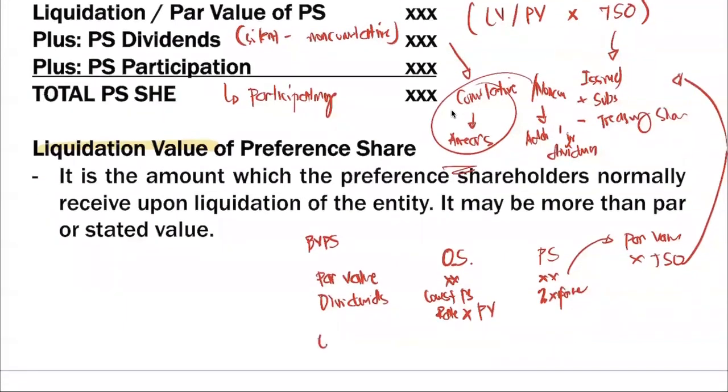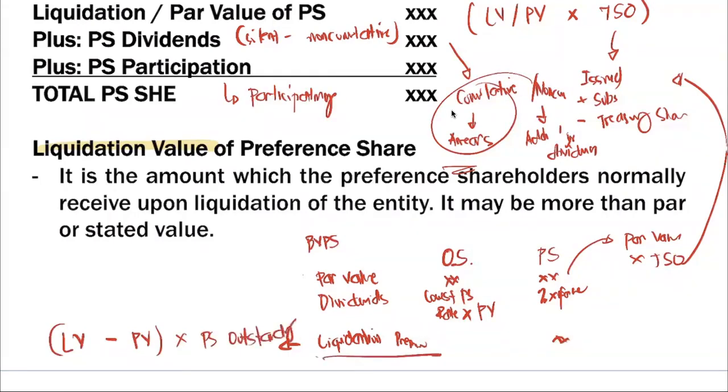And then we also have your liquidation premium. Sometimes it is known as your liquidation value. But in case we use par value here, we use here liquidation premium. Since we use again par value here, we only use liquidation premium here. What is that liquidation premium? Your liquidation premium is equal to your liquidation value less your par value times your PS outstanding. Okay?